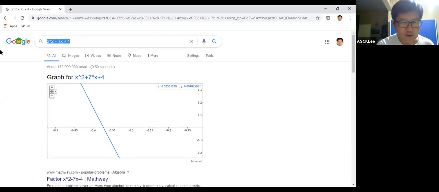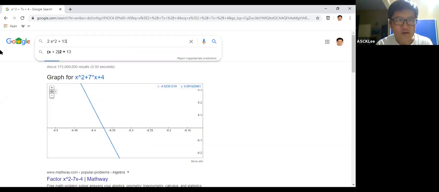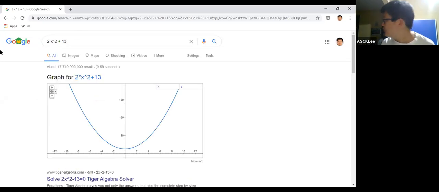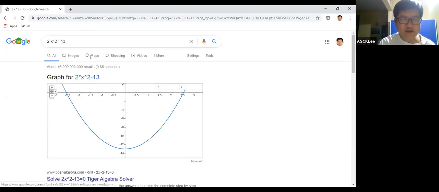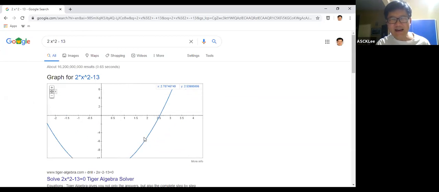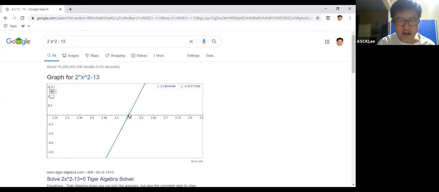Now, the other one that we solved was 2x squared minus 13. That was the second thing we saw, right? 2x squared minus 13 looks like this. And again, if you want to look at the root graphically, just zoom in, zoom in, zoom in, and put your cursor right at the root here and look at it.